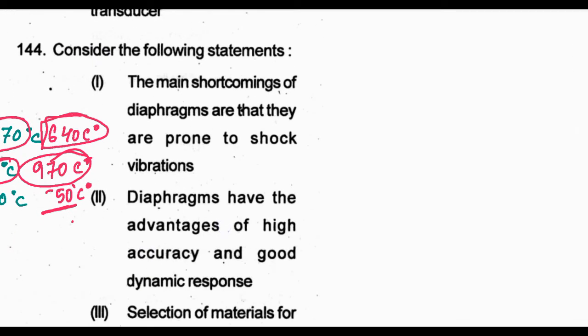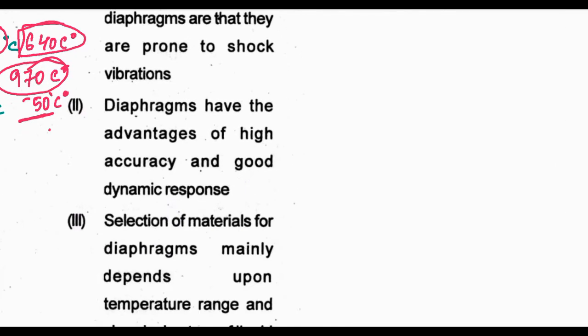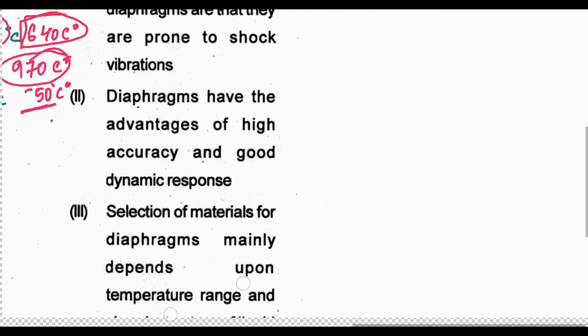Consider the following statements. Statement first: the main shortcoming of diaphragms is that they are prone to shock vibrations. Statement second: diaphragms have the advantages of high accuracy and good dynamic response.